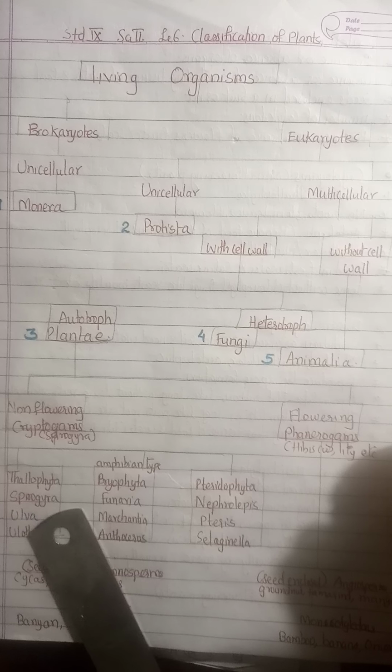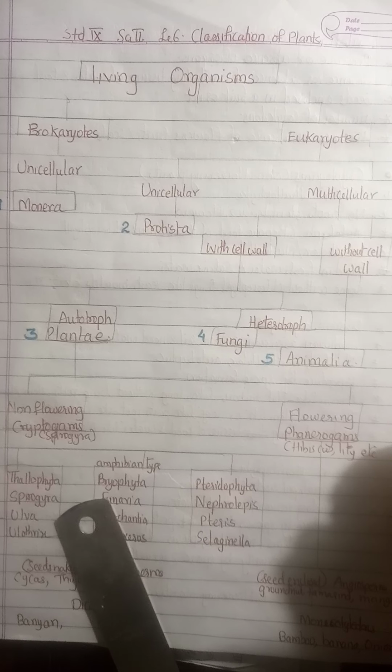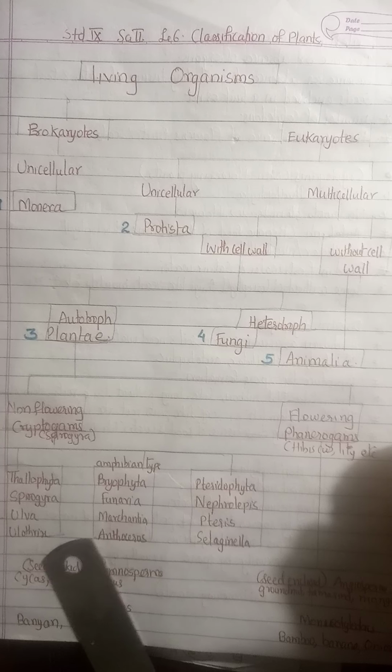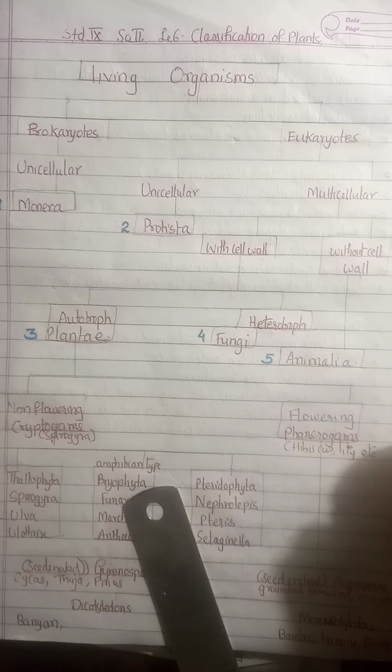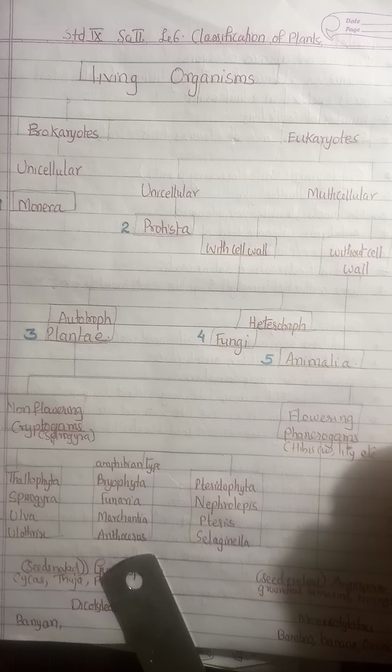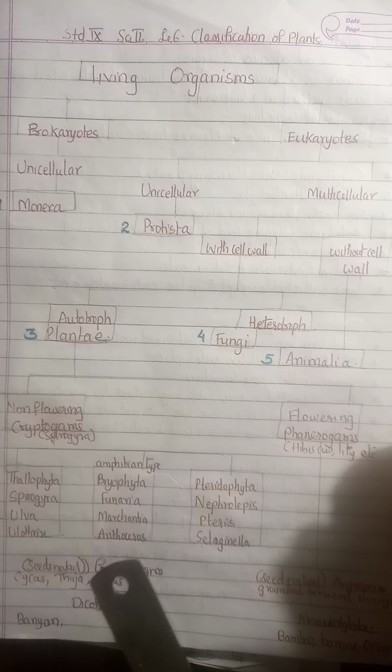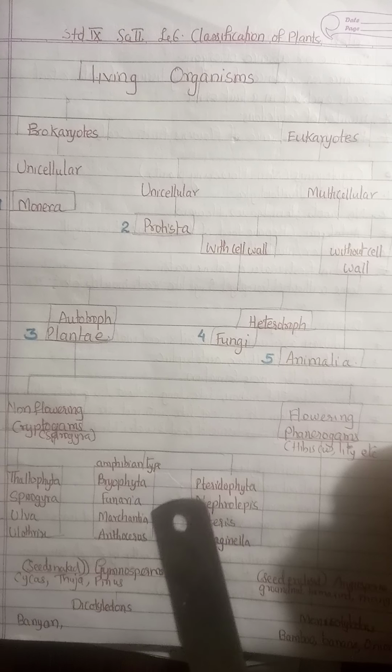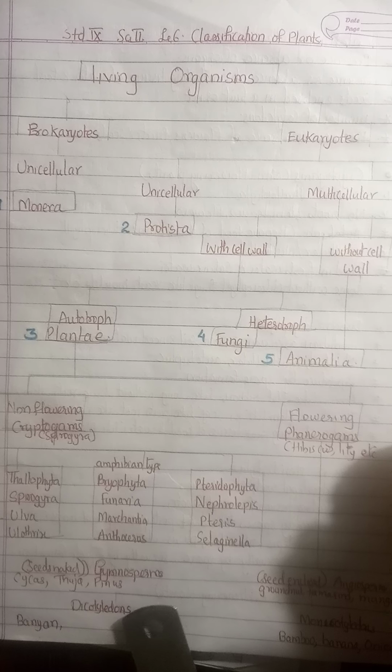In short, Thallophyta examples are Spirogyra, Ulva and Ulothrix. Bryophyta examples are Funaria, Marchantia and Anthoceros. It is also called amphibian type because it survives in moist soil, and for reproduction it requires water, and therefore it is also called amphibians.